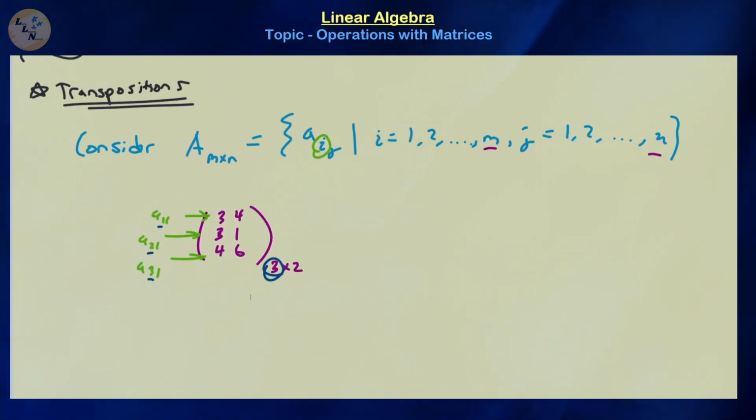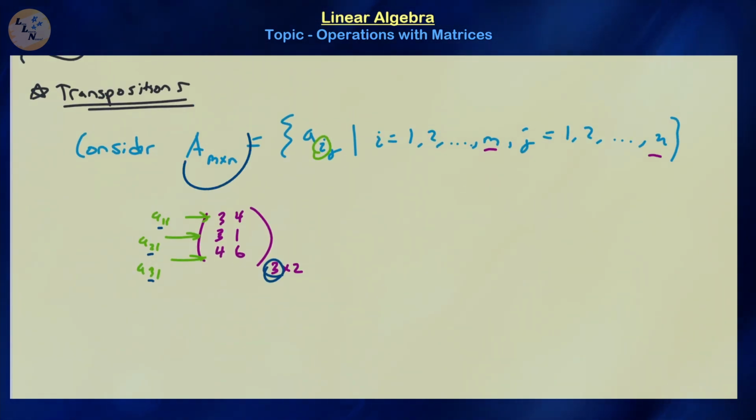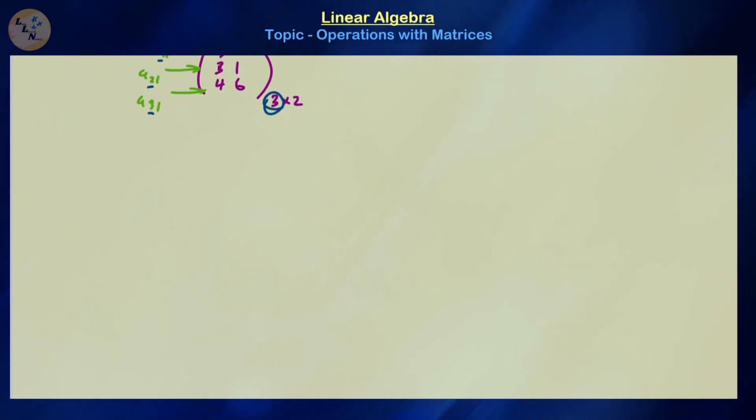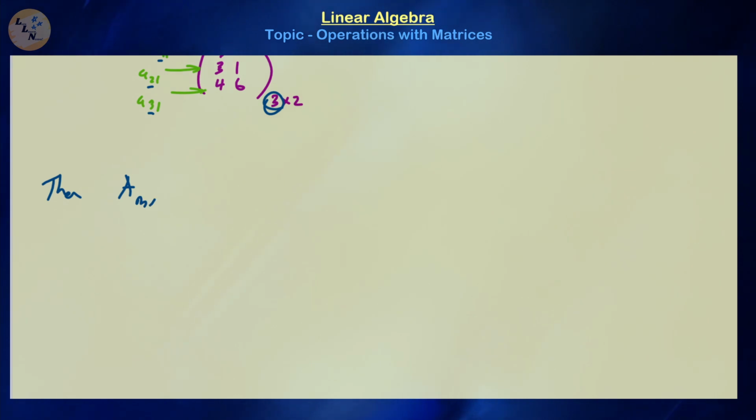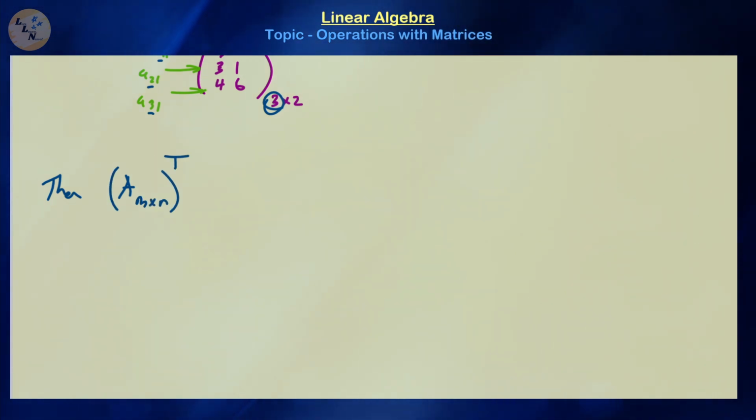So what is the transposition or the transpose of this matrix A, which we will denote by capital T, sort of like an exponent. The transpose of an m by n matrix is going to be a new matrix B whose dimensions are n by m. So if it's a 5 by 3 matrix and you transpose, you're going to get a 3 by 5.